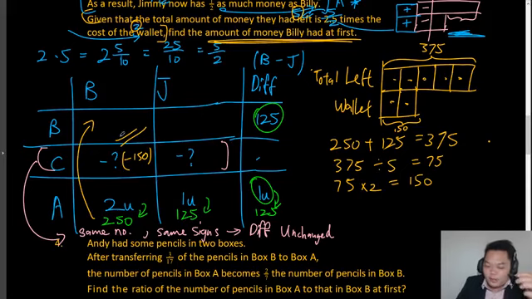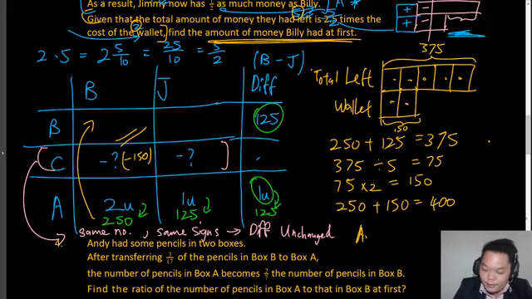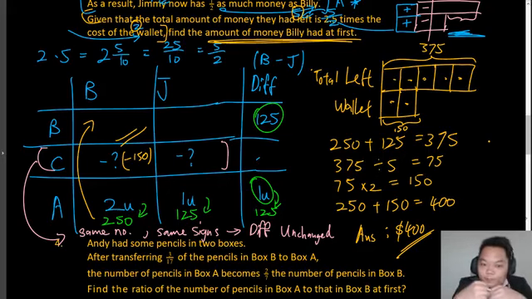So think of it this way. Something minus 150 gives you 250. So that something would have to be, you have to work backwards in order to attain it. And this will be 400. So the answer here will be $400 at the beginning.